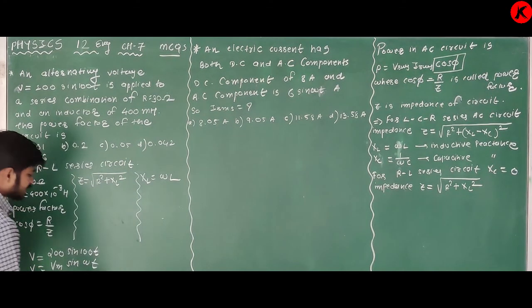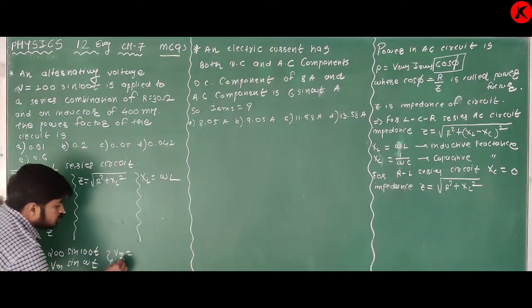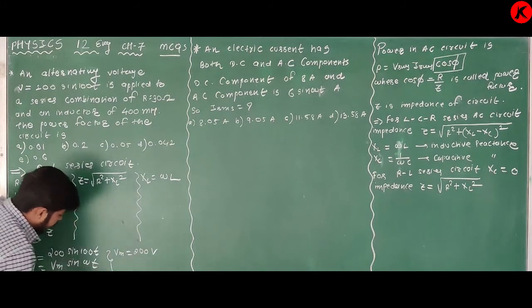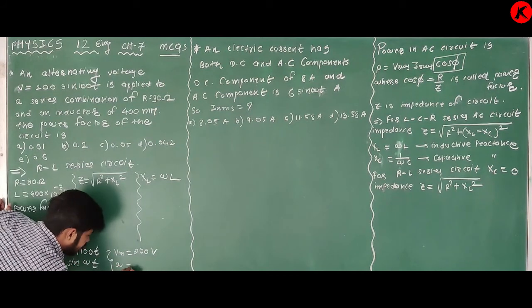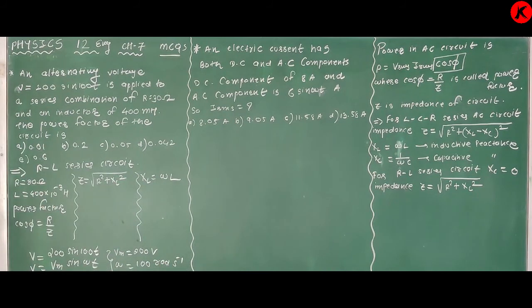So from this comparison you will get Vm is equal to 200 volt and omega is equal to 100 radian per second. Clear about this? So omega is equal to 100. Now what is XL?